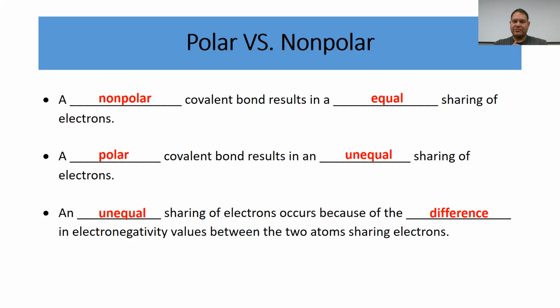It's either going to be polar, meaning there's an unequal sharing of electrons, or nonpolar, meaning there's an equal sharing of the electrons. And the only way to really create a polar covalent bond is that there's got to be a pretty good difference in electronegativity values between the two atoms that are forming the covalent bond.